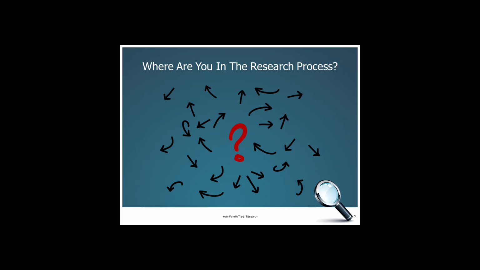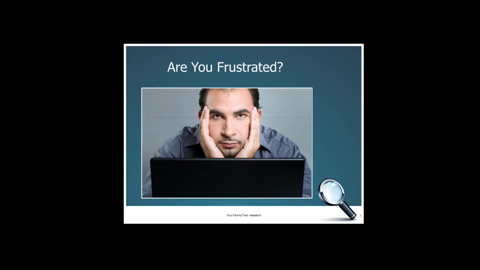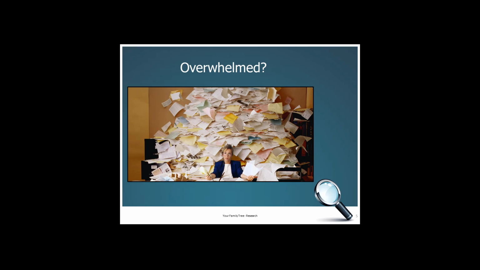Where are you in the research process? You can easily become frustrated over a period of time. Do not give up. Keep going. I use genealogy software to keep me organized. However, I do keep paper copies of some documents.